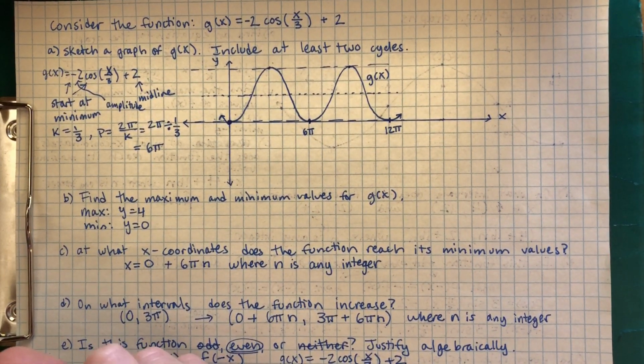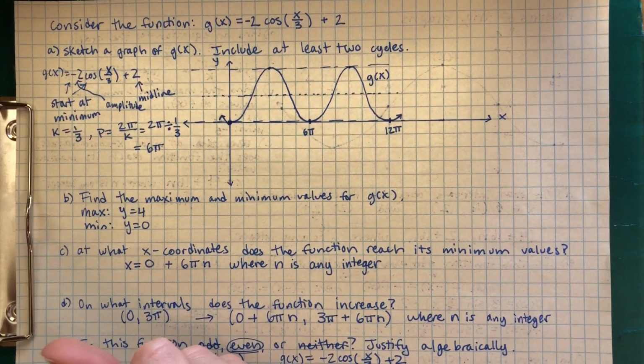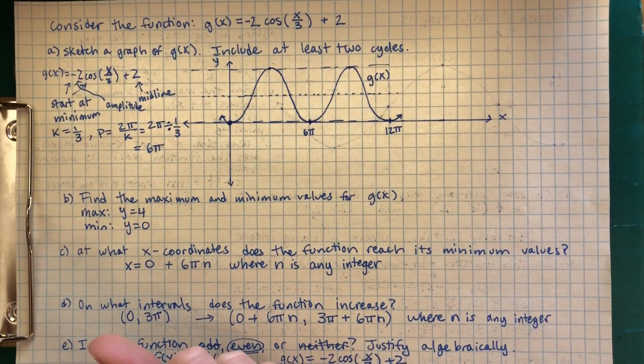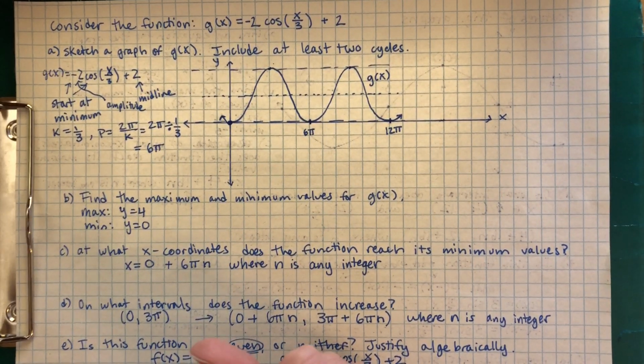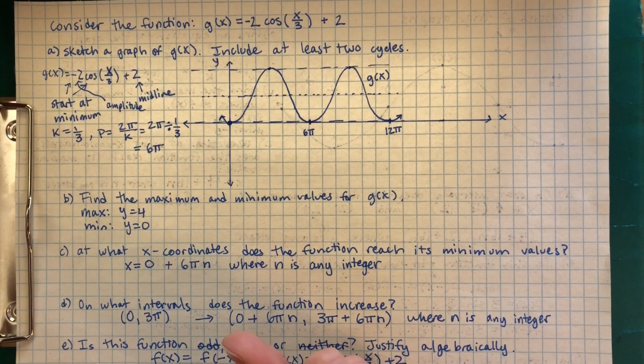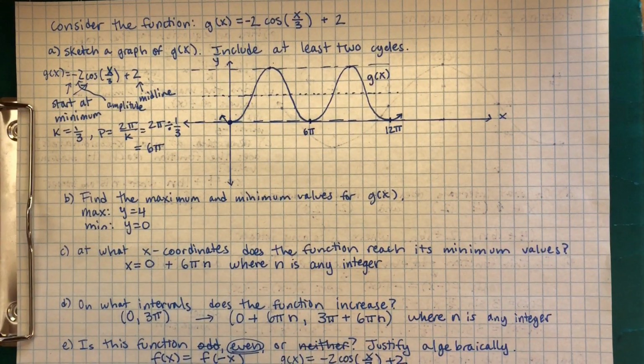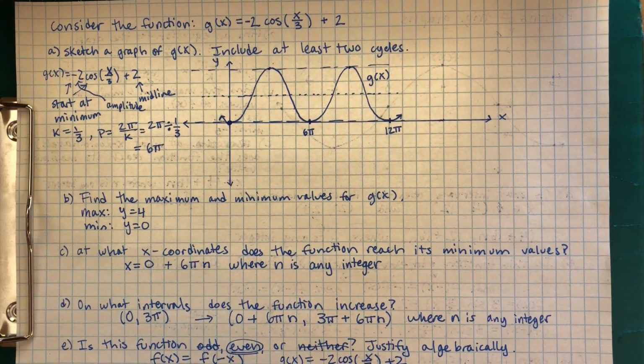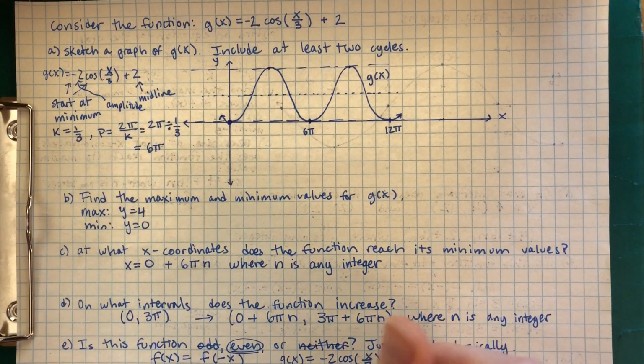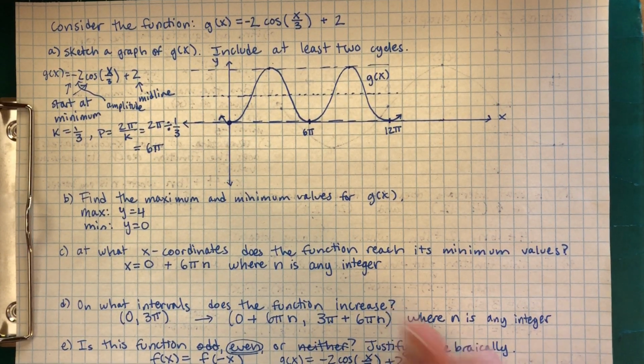But cosine itself is even, meaning that cosine of x equals cosine of negative x. So this negative sign inside of a cosine, you basically can just completely ignore.